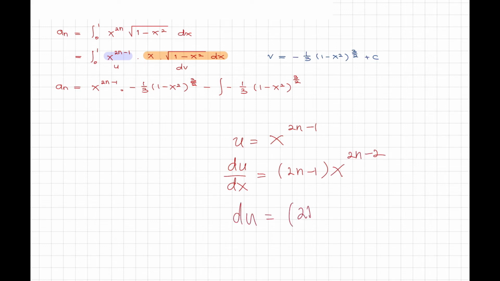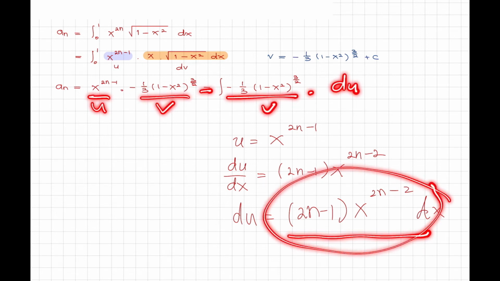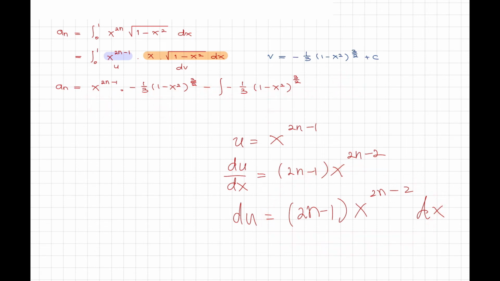Then du is equal to 2n minus 1 times x to the power of 2n minus 2 dx. This is du. So it is u times v minus integration of v times du, and our du is this, times 2n minus 1 x to the power of 2n minus 2 dx.